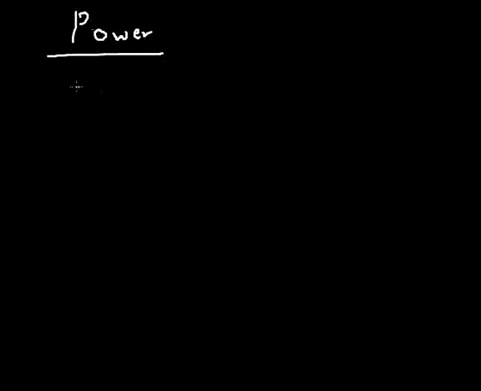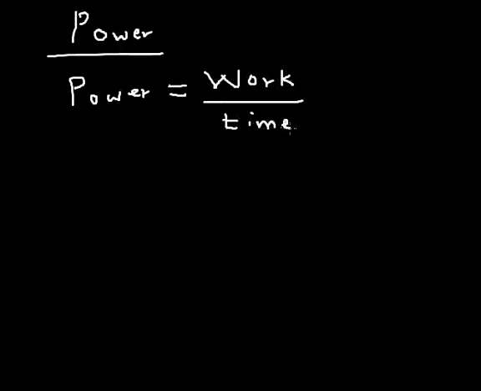Power is defined as the rate at which work is done. Of course, rate is always with respect to time. So power is defined as the rate at which work is done. That simply means that power is equal to the work done divided by the time for the work to be done.